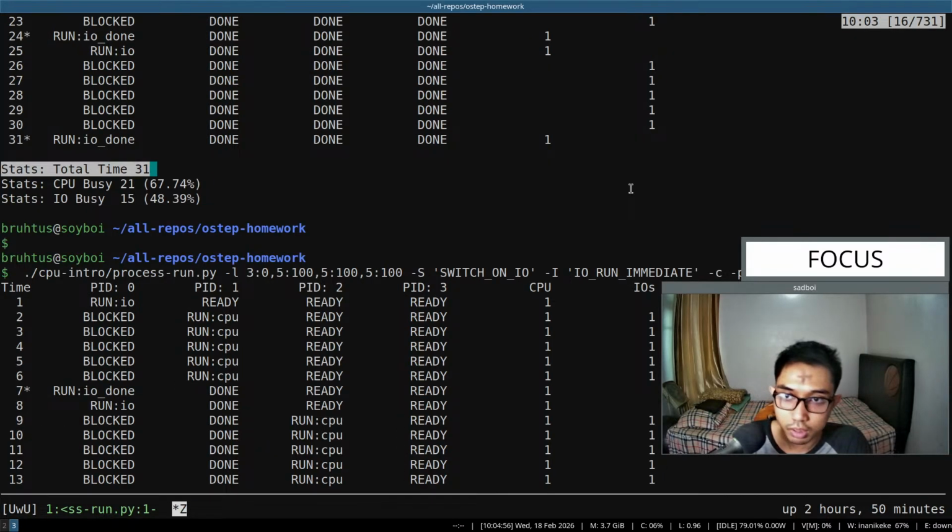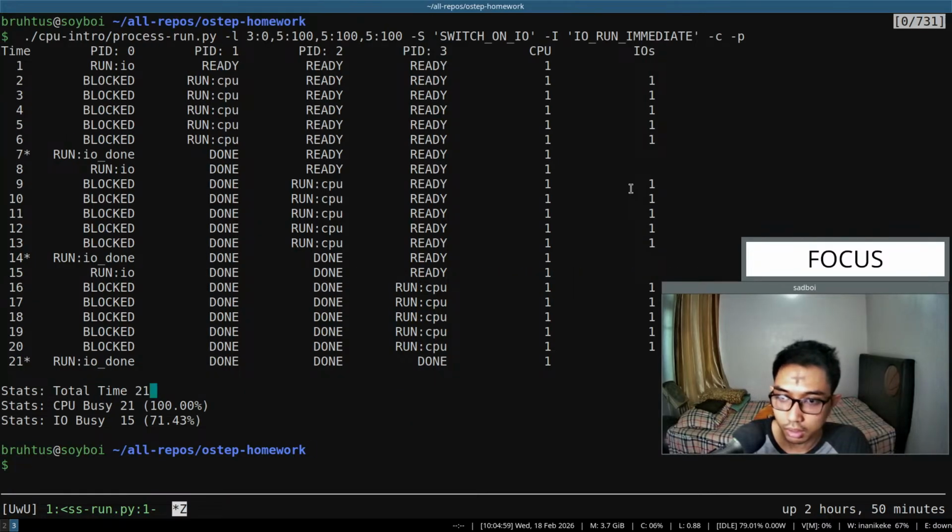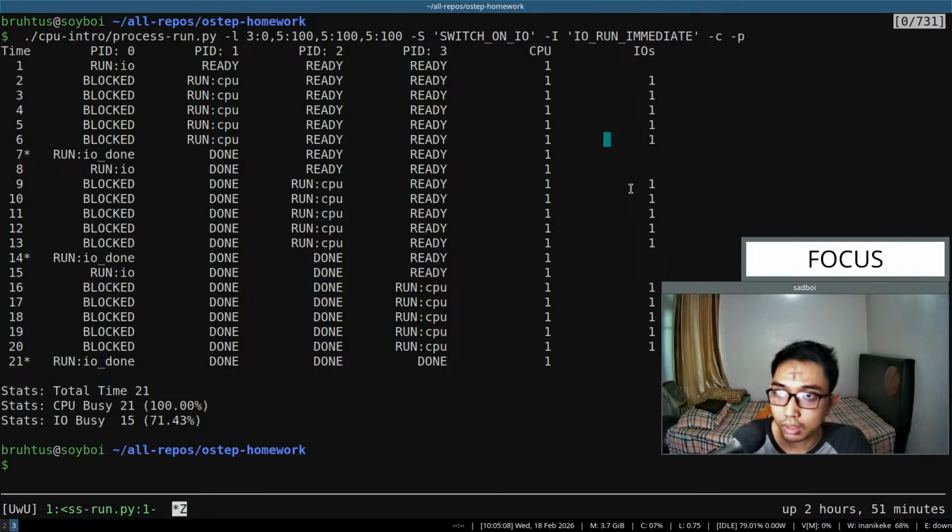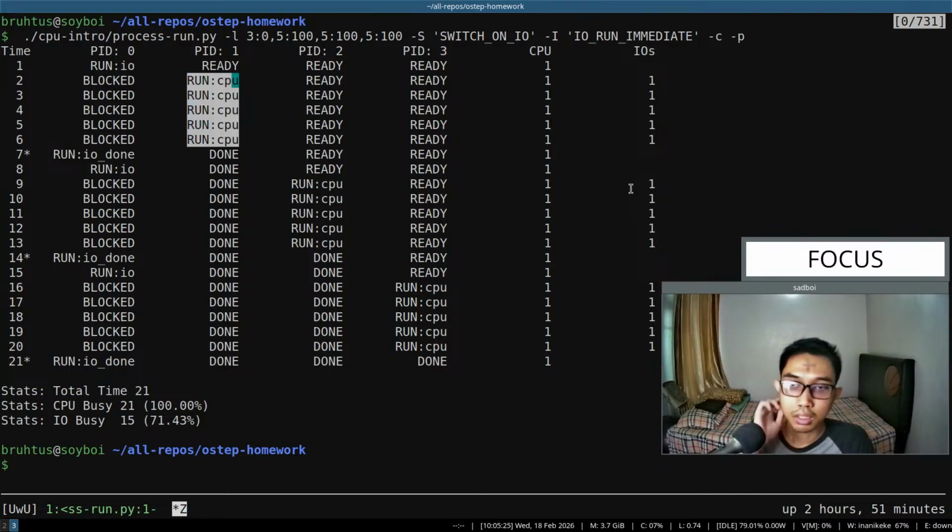Okay, total time 31, right? And now total time is 21. Okay, here's the thing. When the first process with its input-output was blocked, we run the second process.